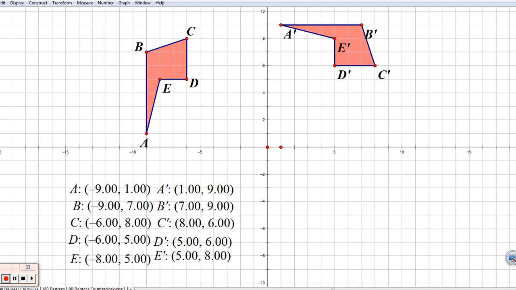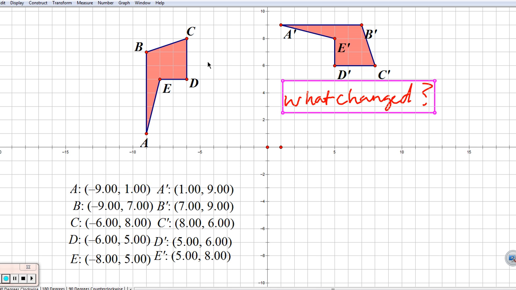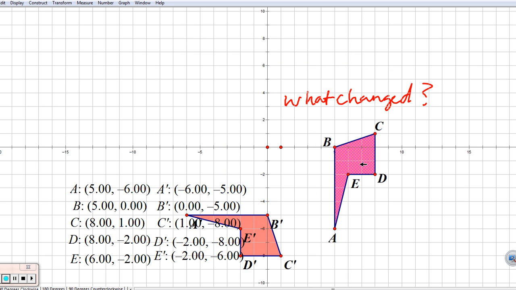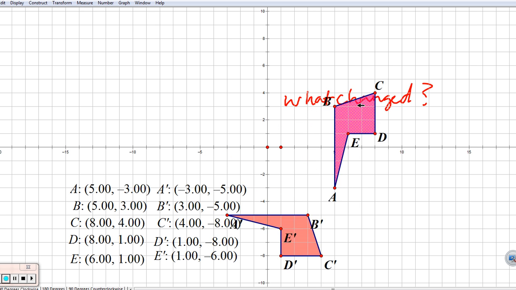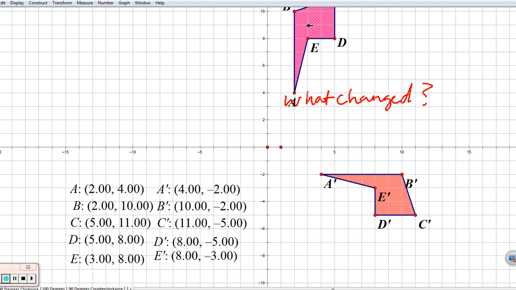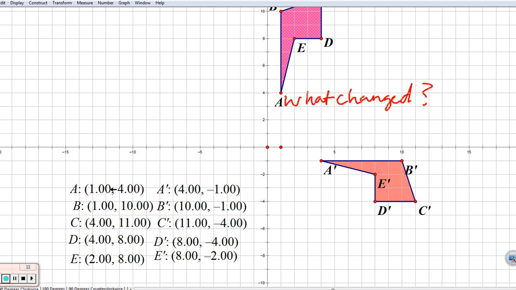So this time we're going to write the arrow notation here in Sketchpad. So first of all, what changed? Let's just make sure before we do anything else that that's going to be the same case no matter where I move my original pre-image. Is that still the case?